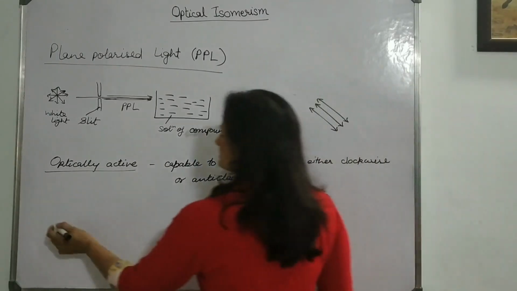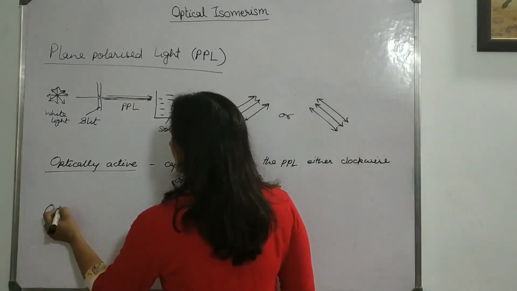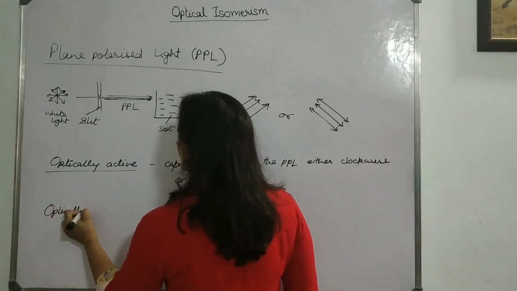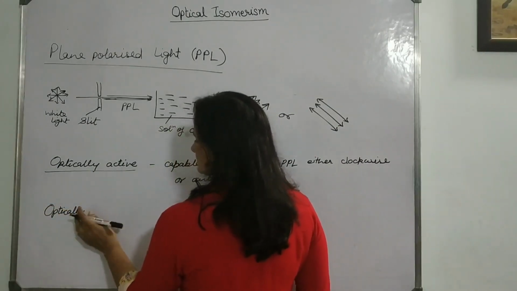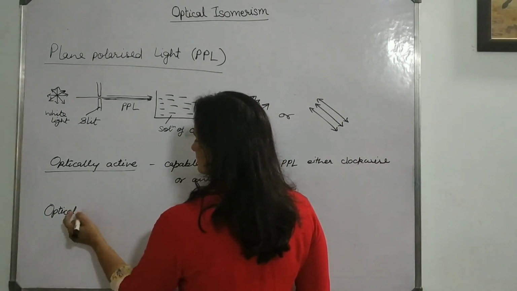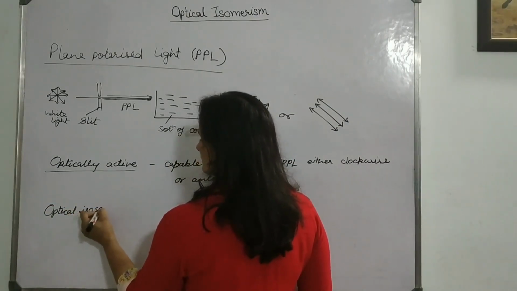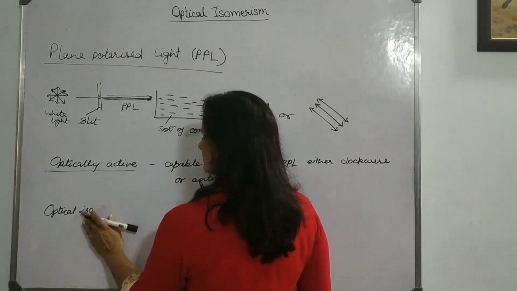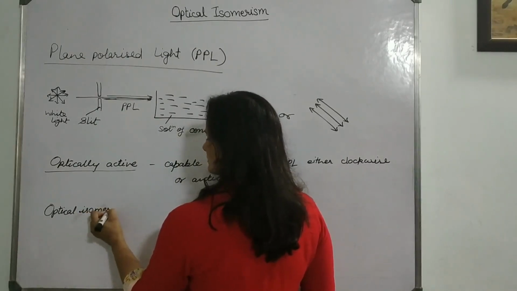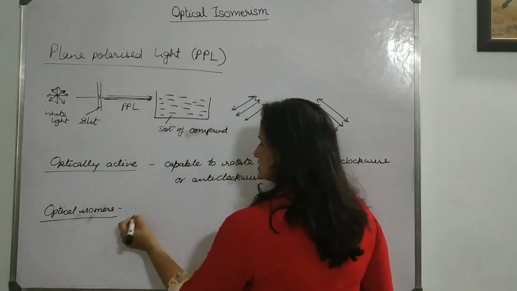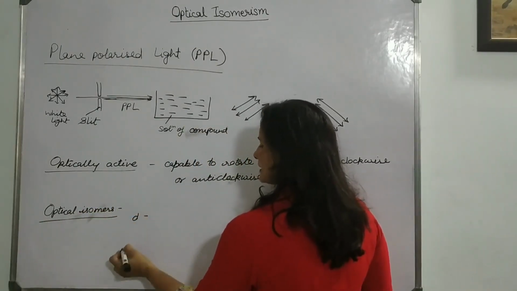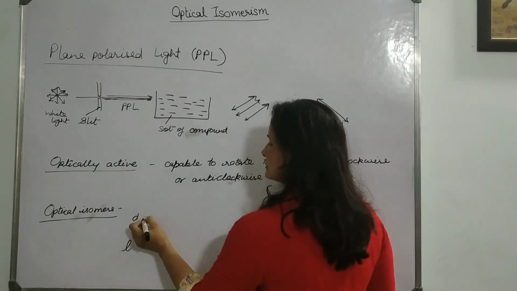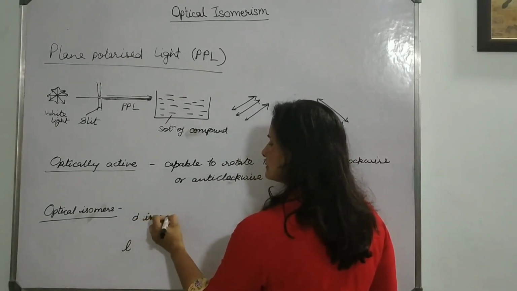Now, the optical isomers we will take here are the D isomer and the L isomer, small d or small l.